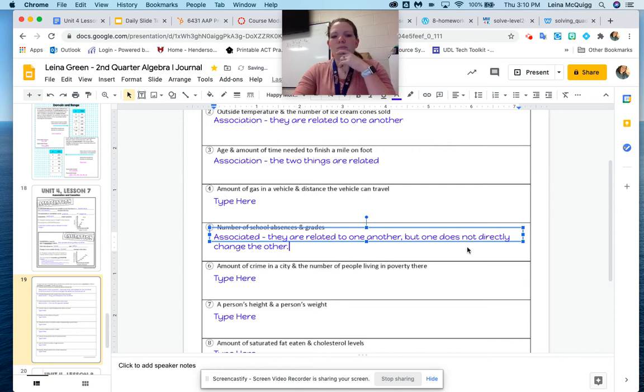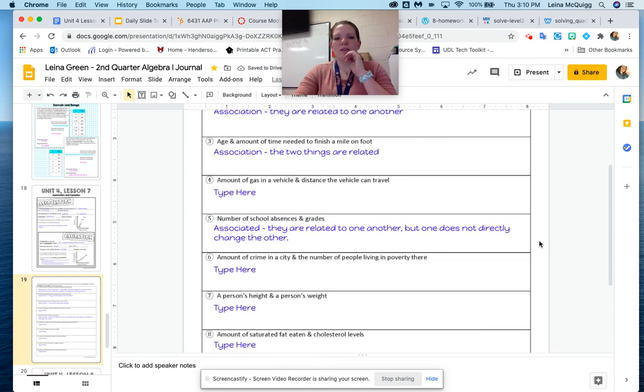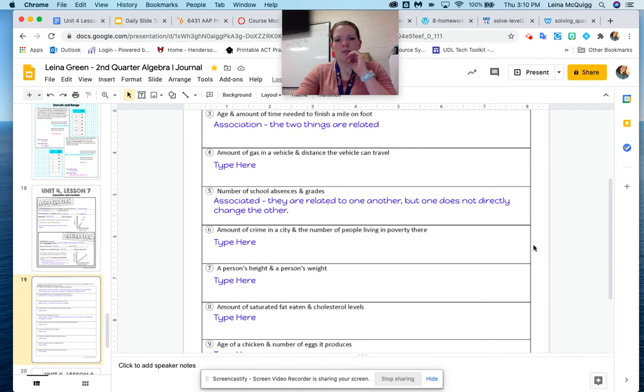All right, we'll do number 6 as well, and then I'll let you guys do the rest of them. Amount of crime in a city and the number of people living in poverty there. So, what is this saying? This is saying if the crime increases, then maybe the number of people that are living in poor communities increases as well.